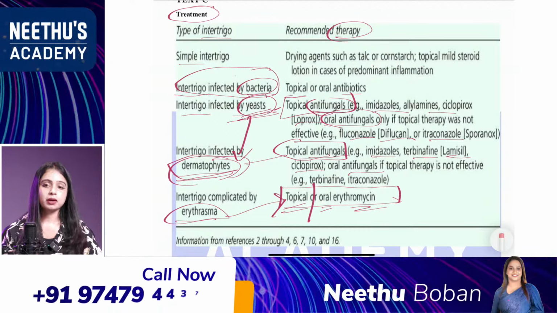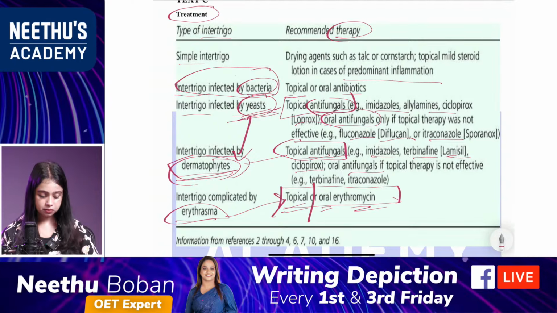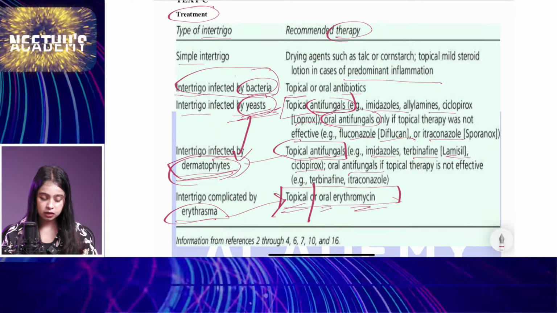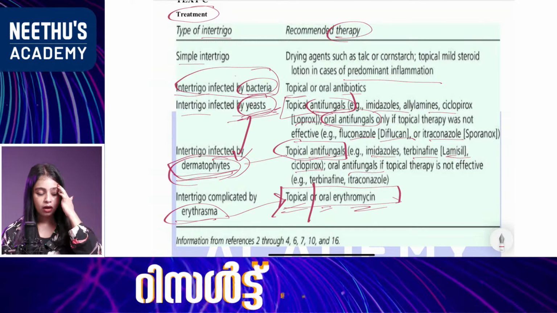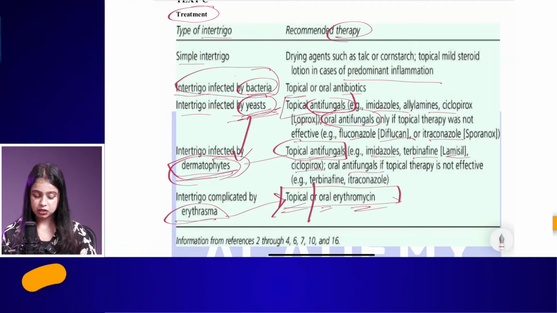So answer is predominant inflammation from text C. Okay, Akku, predominant inflammation. Okay, Shiny, yes, predominant inflammation.